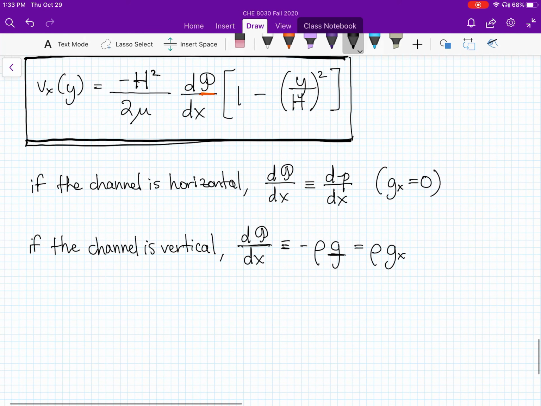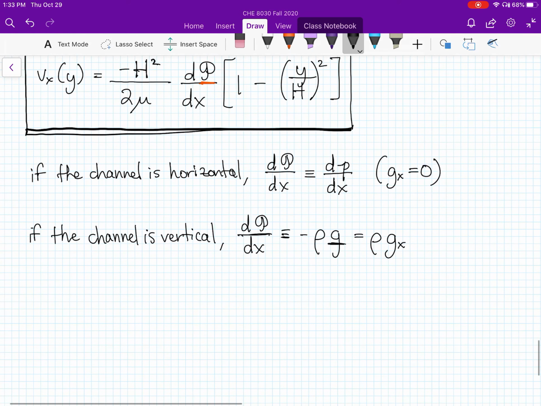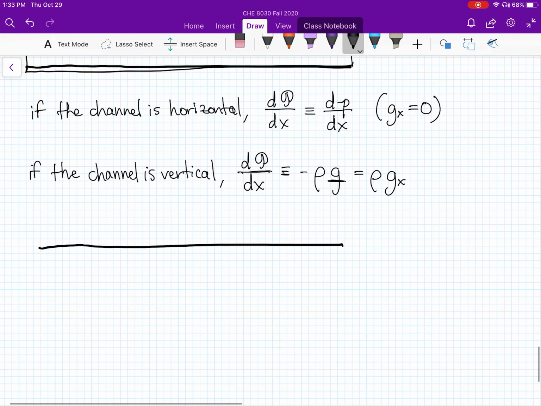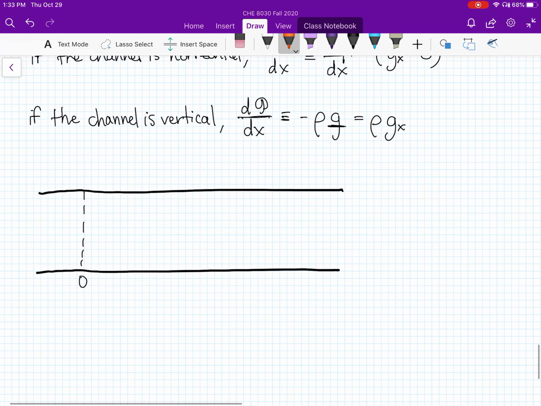If I wanted to draw the velocity profile or the shear stress profile for this particular scenario, I can do that. So there's my two parallel plates. I have my 0 point for my shear stress, my 0 point for my velocity.